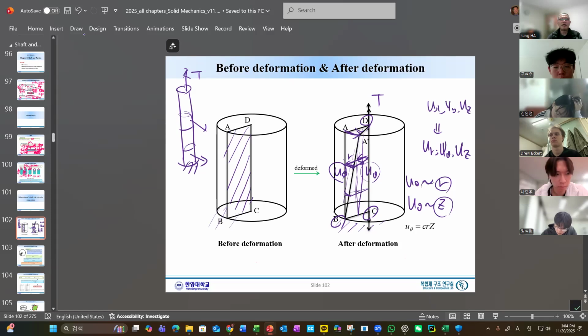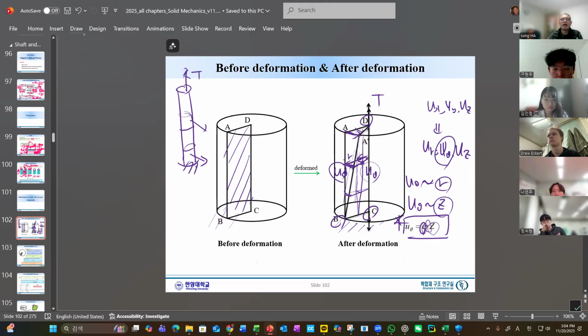This is proportional, but we do not know the constant. So we can say that U theta is proportional to R, proportional to Z, and there is some constant. It looks obvious and not difficult to understand, but this is the most fundamental starting point.